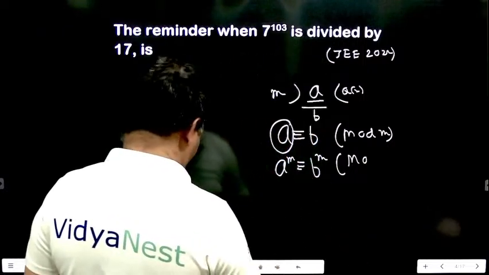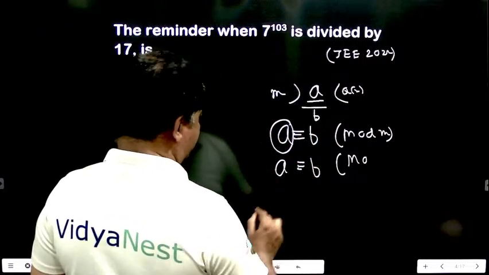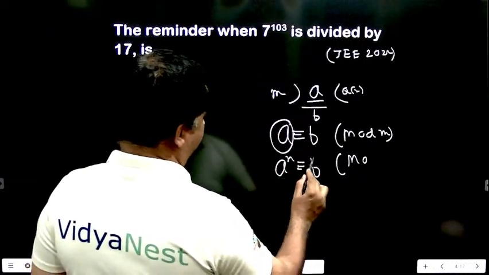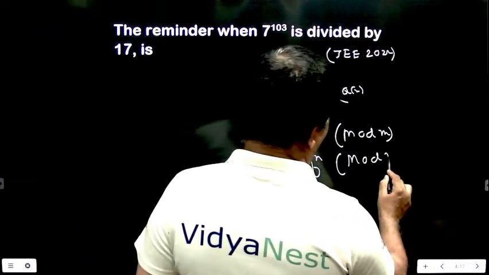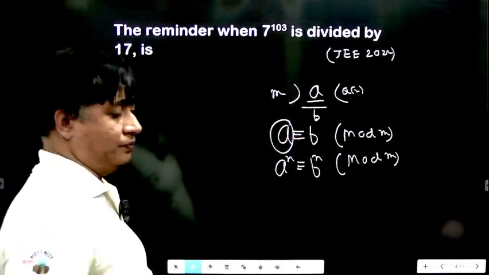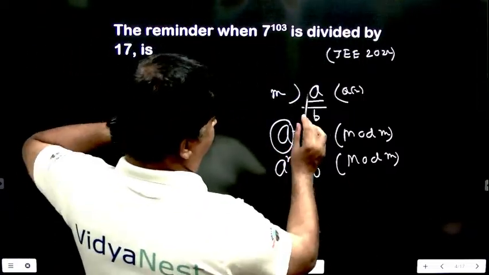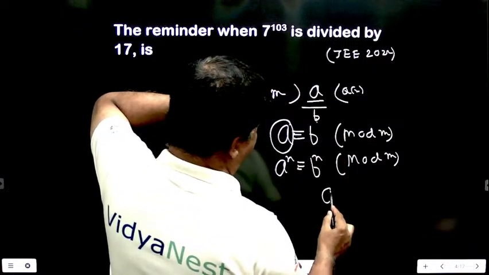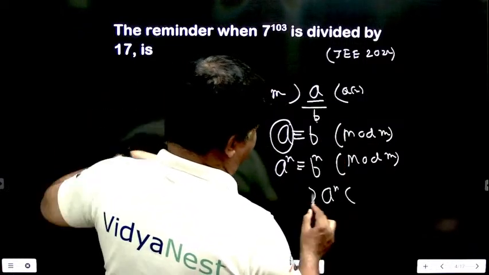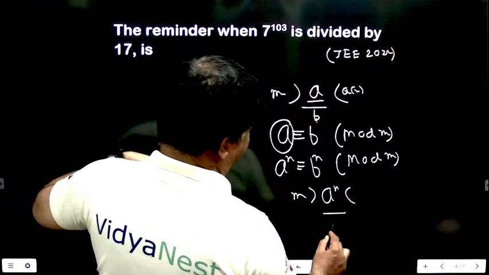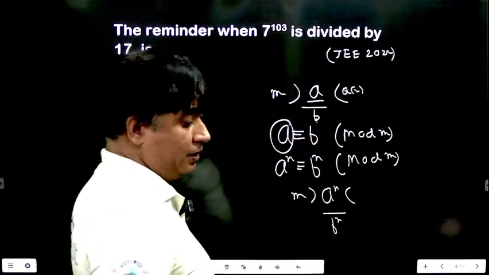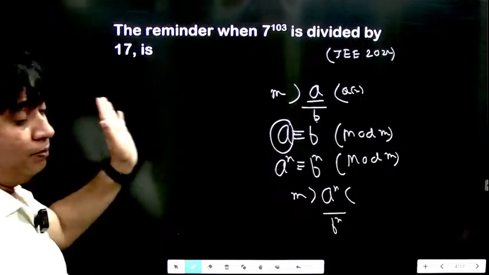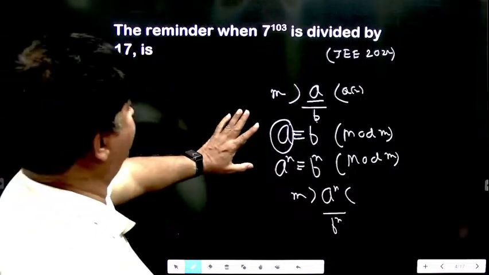Suppose the divisor is n, and the divisor remains the same. It means if a is divided by n with remainder b, then a to the power n divided by n also gives b to the power n. Okay, so you just remember this property.